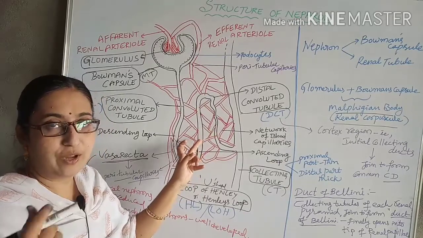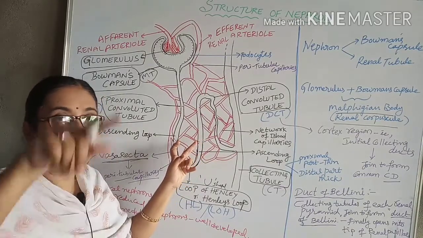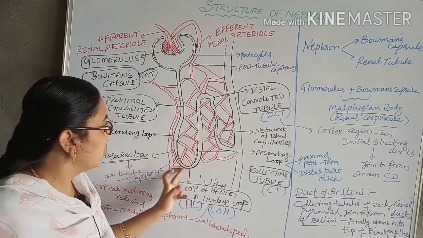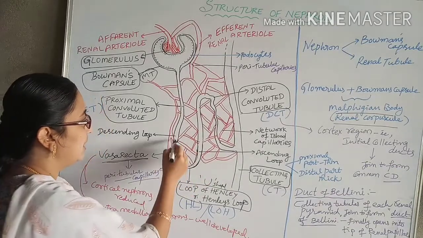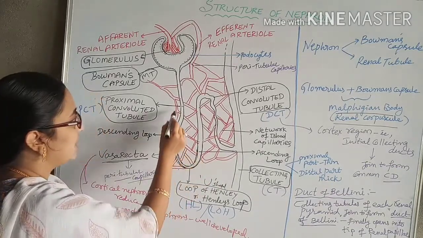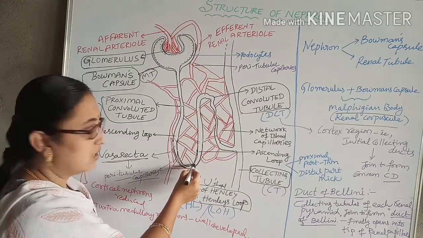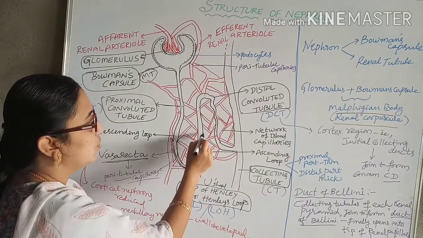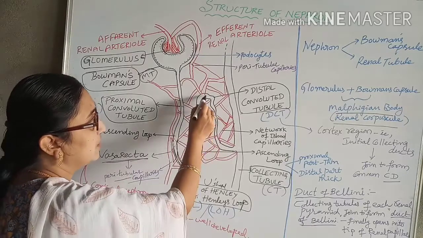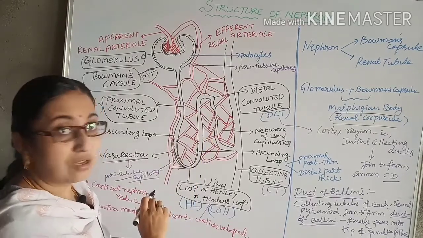You know the safety pins, right? It has a U-shaped structure. So this is the loop of Henle. From the proximal convoluted tubule, the excretory product enters into the loop of Henle. From here it enters into the distal convoluted tubule.